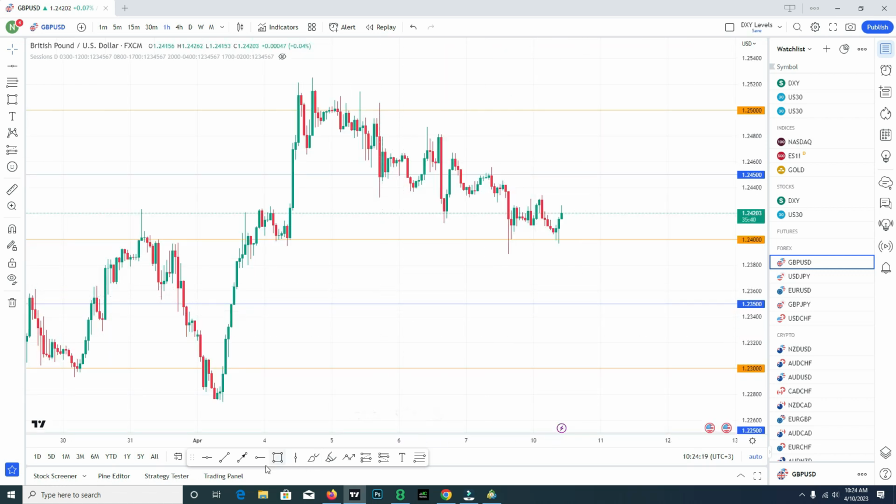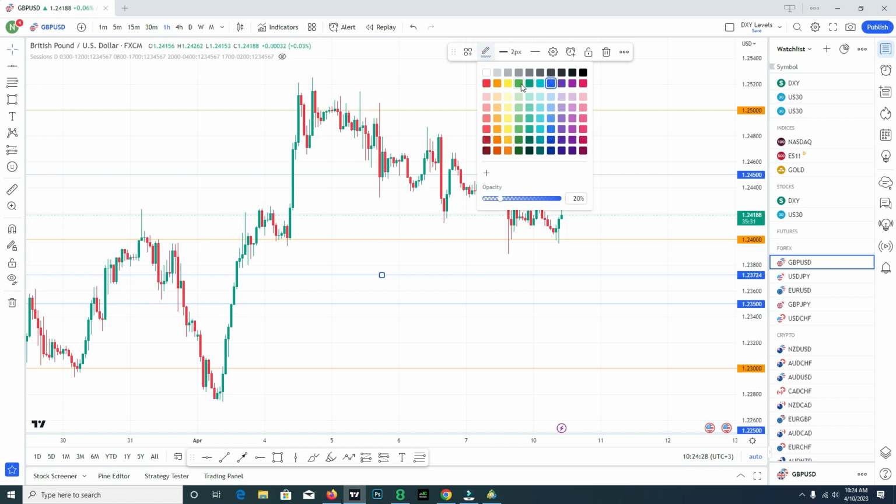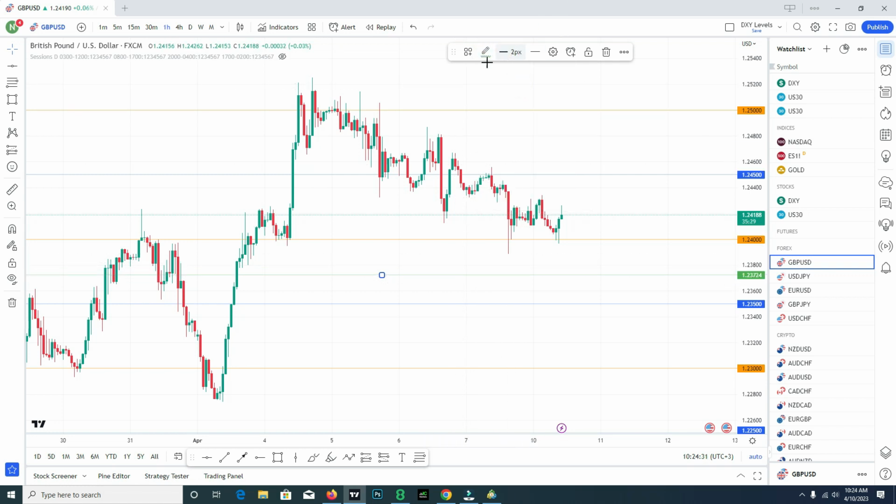So in this case, let me unlock this and move here. We can change the color to something else, let's say green.